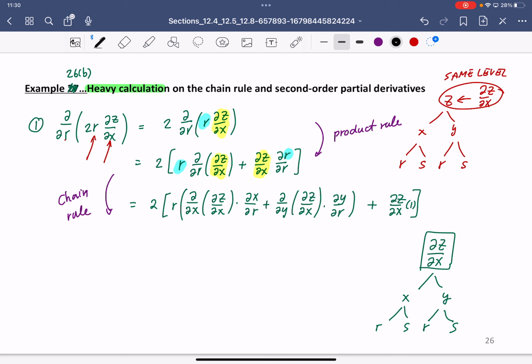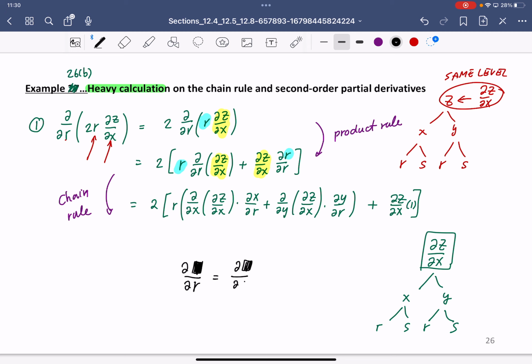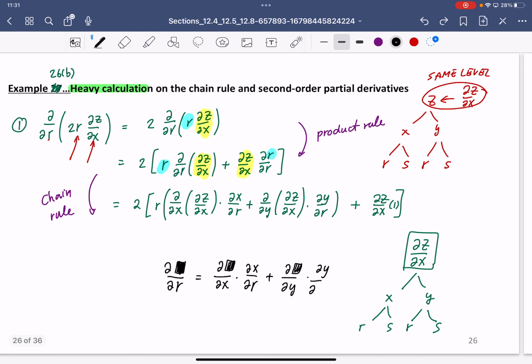Another way to think about this: if you have anything in the black box here, differentiate with respect to R. You have to do that thing to X, and then that thing to Y. The black line here, you understand it.